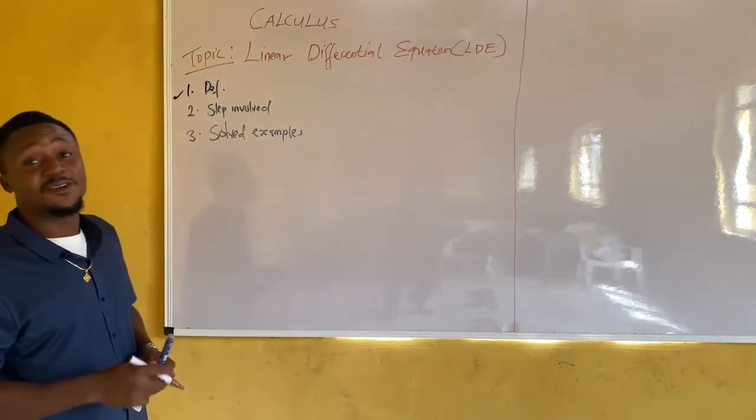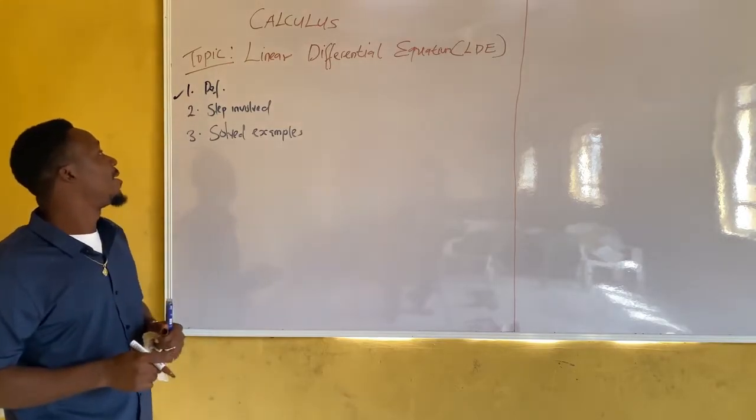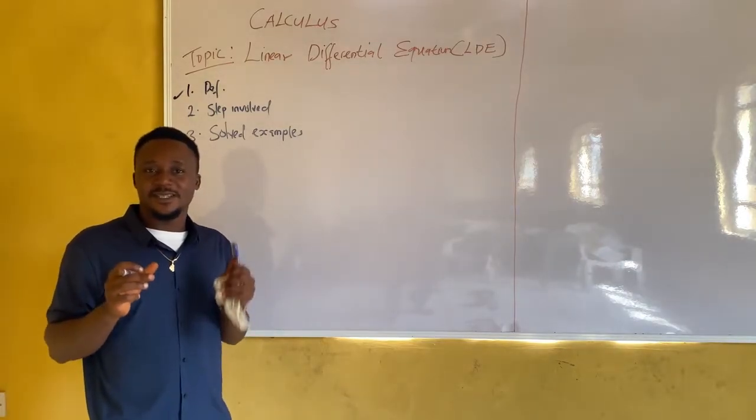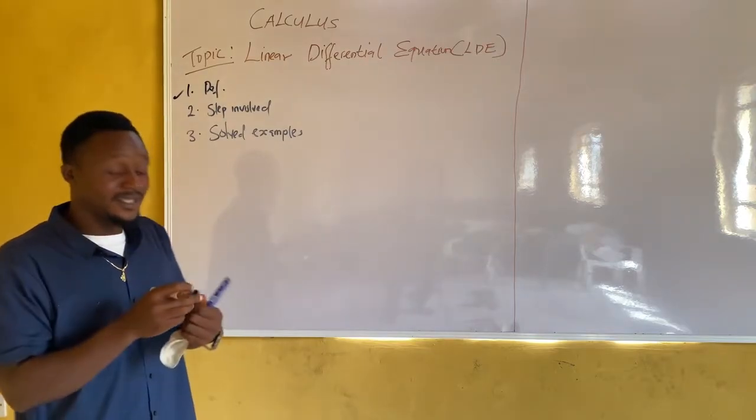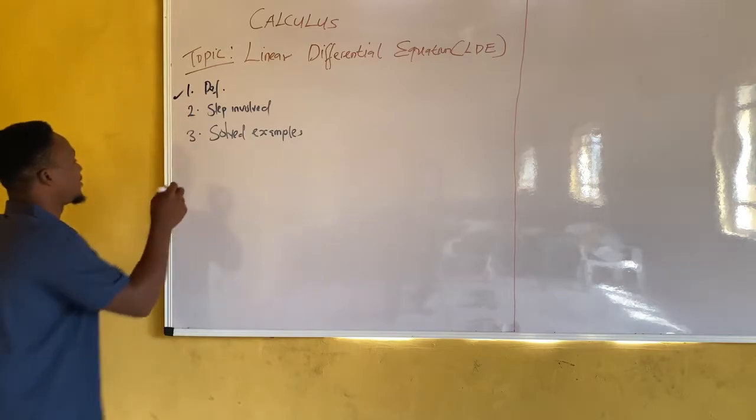Now, let's look at the second aspect, which is the steps involved. We have just 3 steps involved in resolving a simple linear differential equation problem. These steps are: 1.